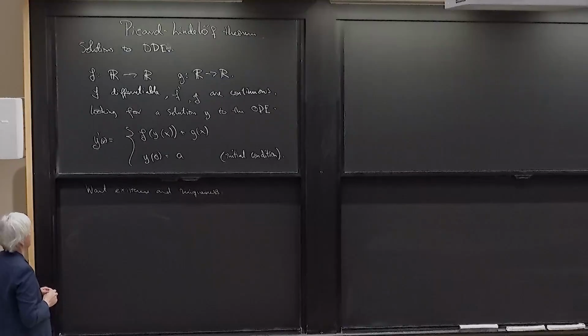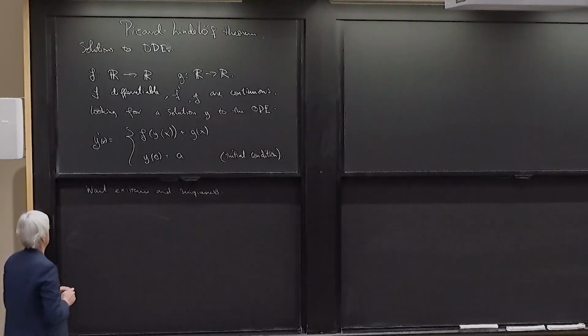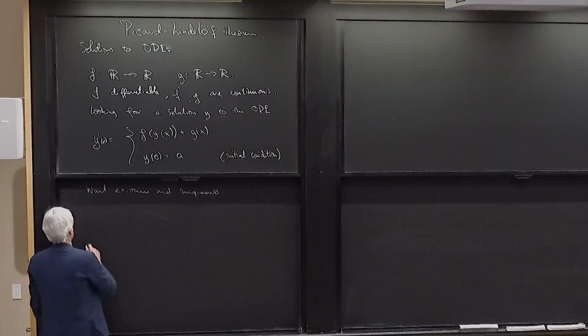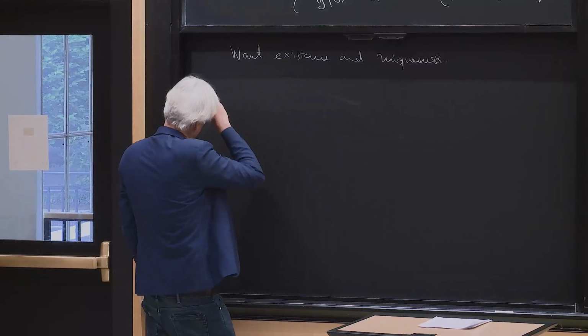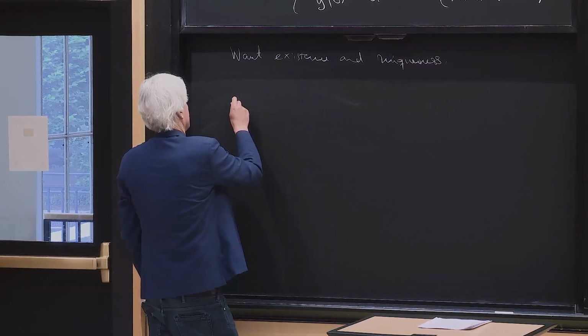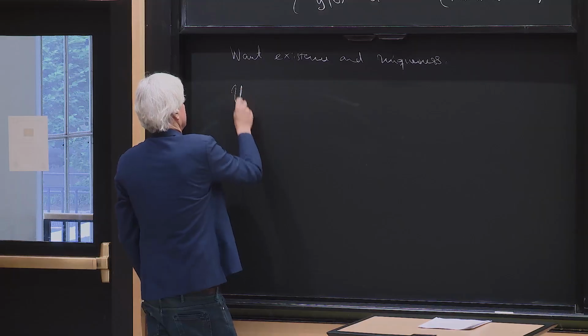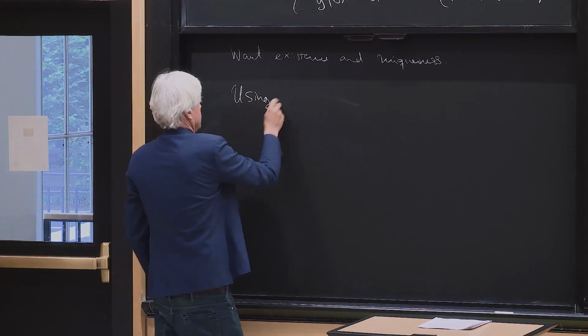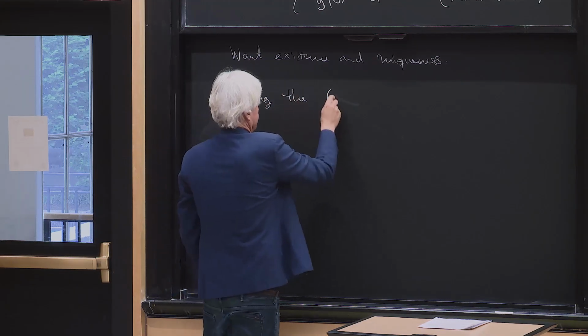Uniqueness means that if you have two solutions to this ODE, then they will have to coincide. And the way we were setting it up was that we were using the contracting mapping theorem.